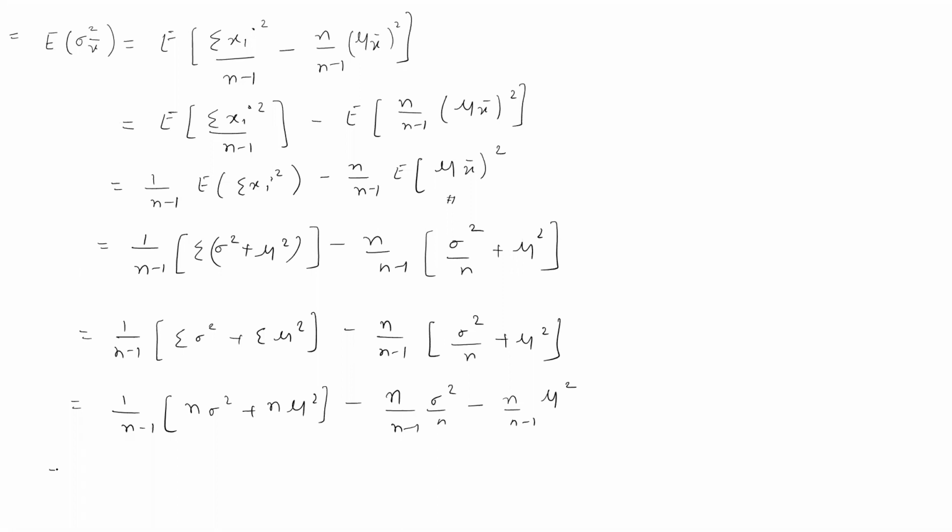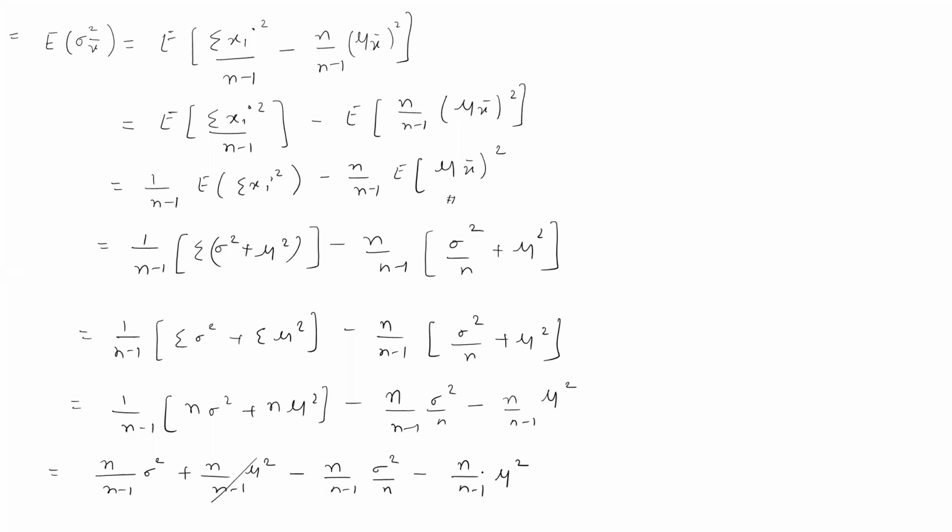So this also I'll multiply and check what we will get. So this will be n by n minus 1 times sigma square plus n by n minus 1 times mu square minus n by n minus 1 sigma square by n minus n by n minus 1 mu square.